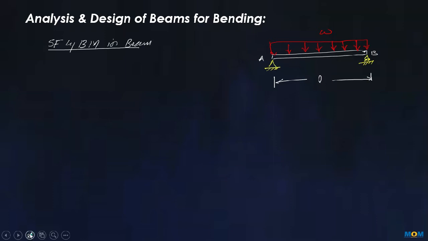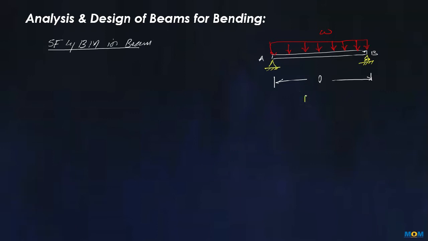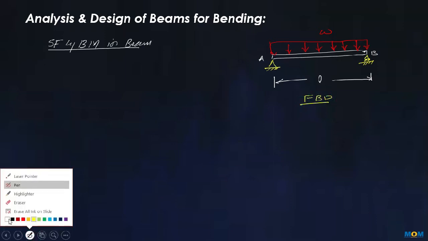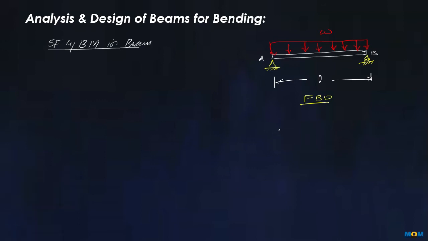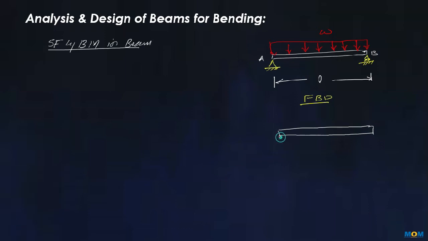Now as a first step, make a free body diagram of this beam by just removing the supports and replacing with the reactions.